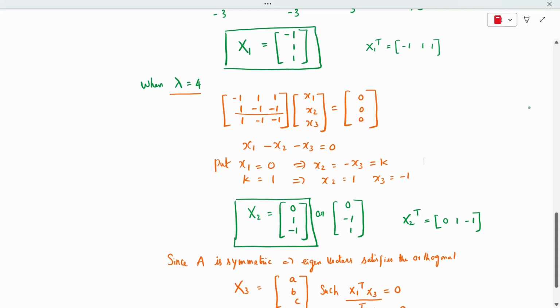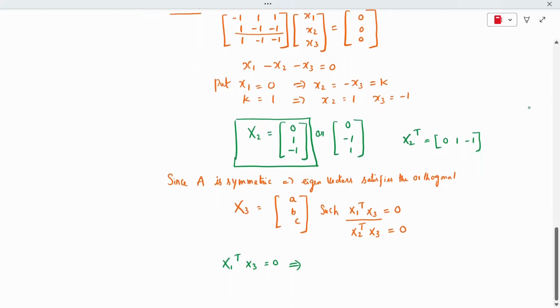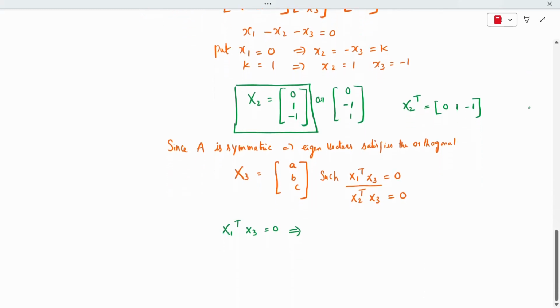When I use it, it's nothing but minus 1, 1, 1 into x3, which is A, B, C, equal to 0. How will you write this matrix? So it's minus A plus B plus C equal to 0.